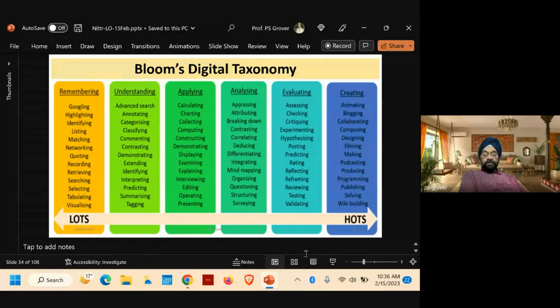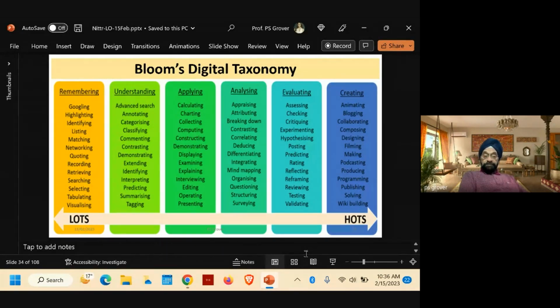Similarly, the earlier Bloom taxonomy is more than 60, 70 years old. But we know that during the last 30, 40 years, internet has become a real part of our life and of our education. So now digital Bloom taxonomy has also been introduced, with creating, understanding, applying, etc. And the corresponding verbs for analyzing are appraising, attributing, breakdown, organizing, questioning, structuring, surveying.